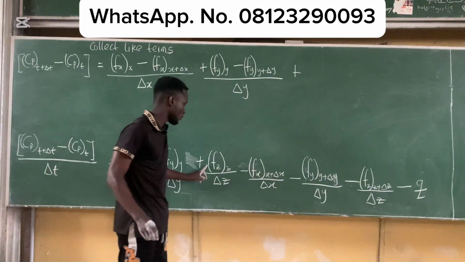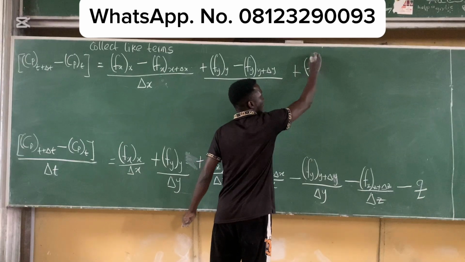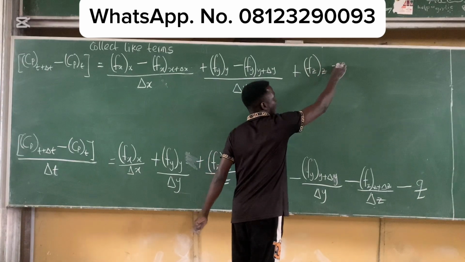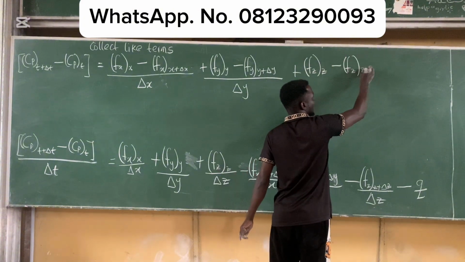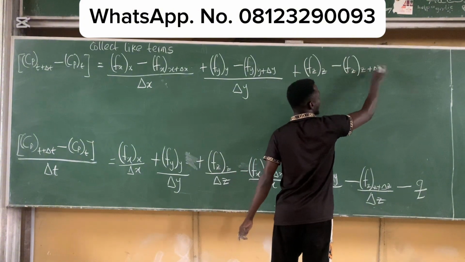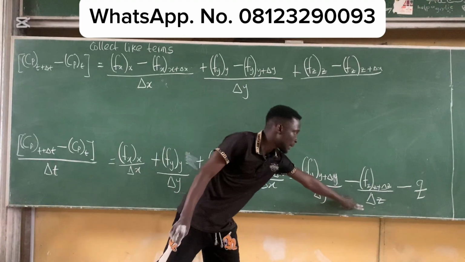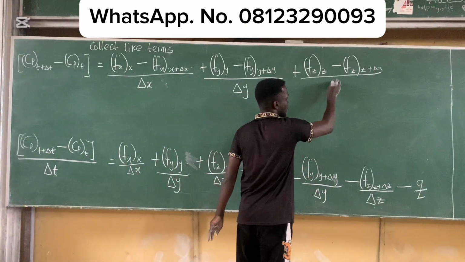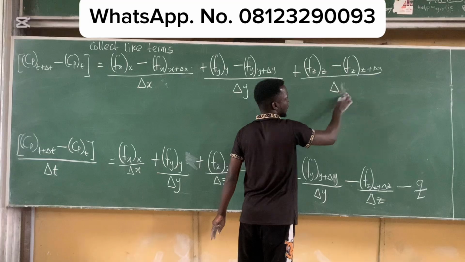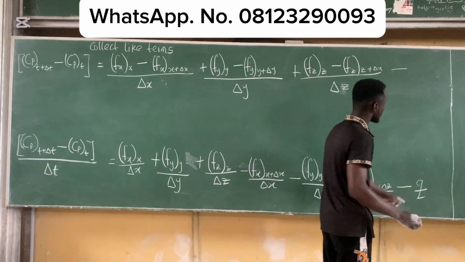Plus, the next step is to go for z, so it becomes f of z at z minus f of z at z plus delta z divided by, if you look at this is divided by delta z, this is divided by delta z, so this becomes delta z, minus what?